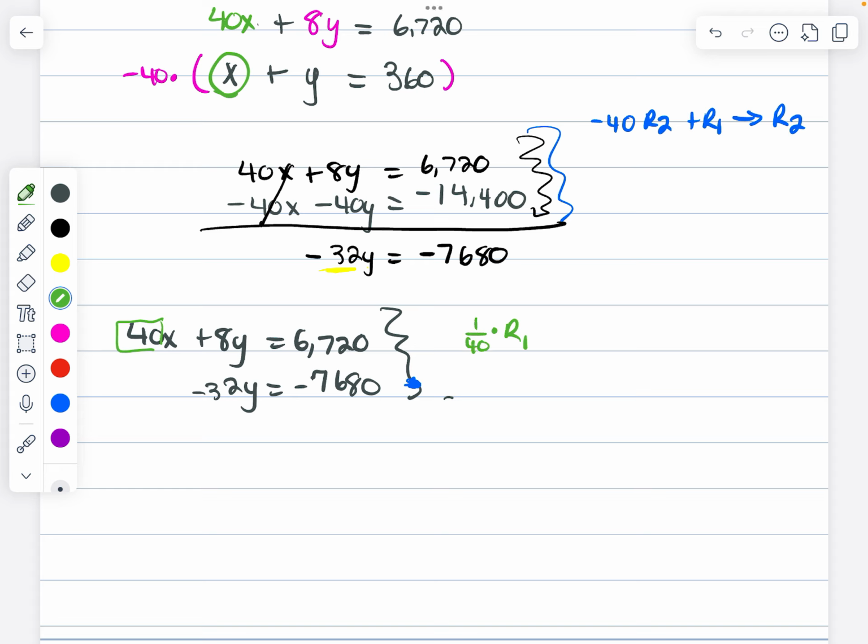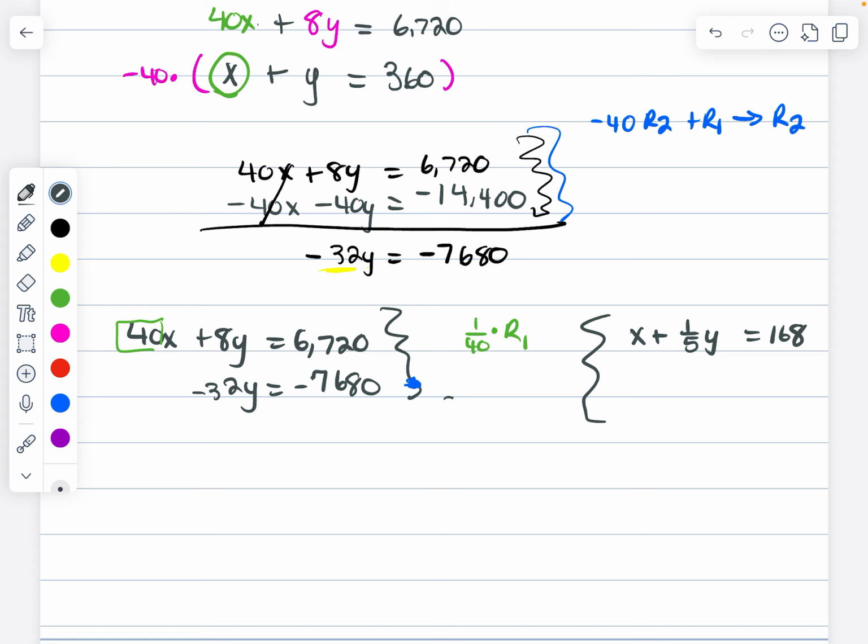Reciprocal just means flip, and any whole number, like 40, can be written over 1. So when we multiply, we end up with x plus 1 over 5y equals 168.